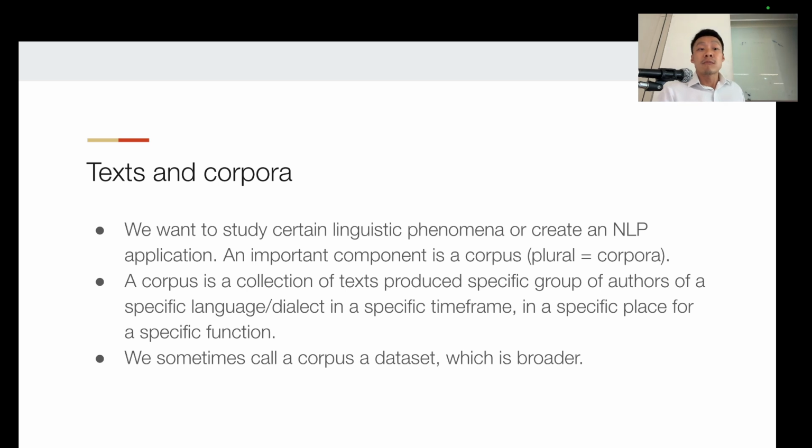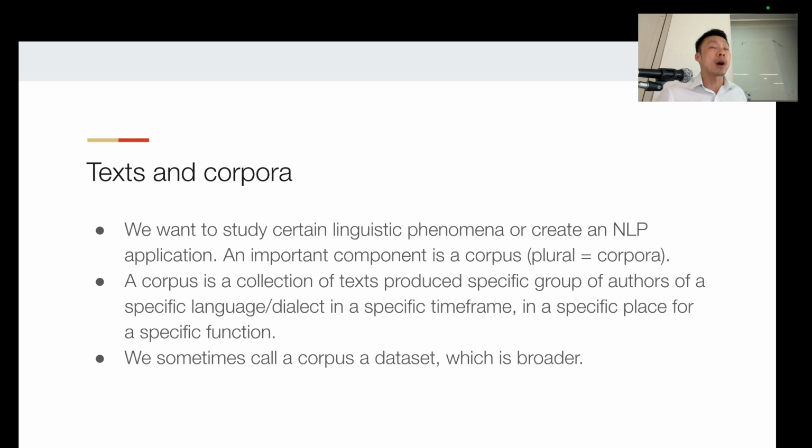NLP is about AI for text. We need text because we want to study certain linguistic phenomena, like how people express their opinion, how people talk, how people answer questions, how people summarize and translate. Also, to create an NLP application, we need text data for the machine to learn from.